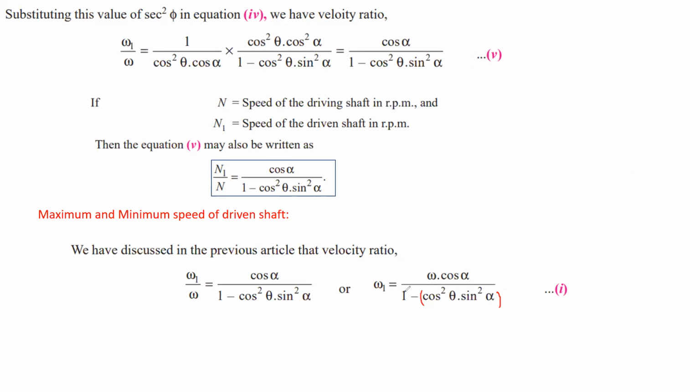So if we subtract the maximum value from 1, then this denominator shown in the square bracket will become minimum.